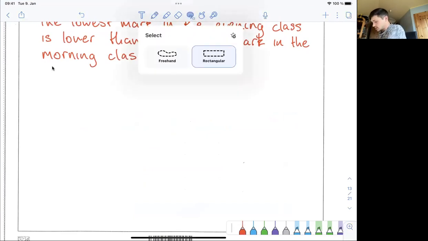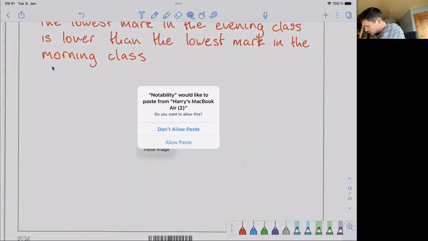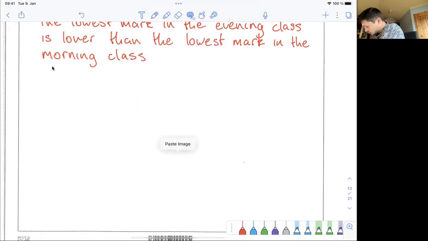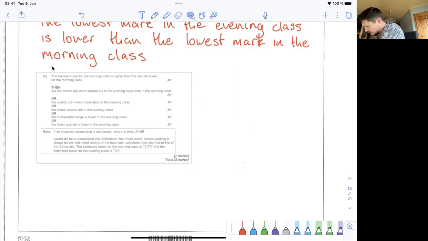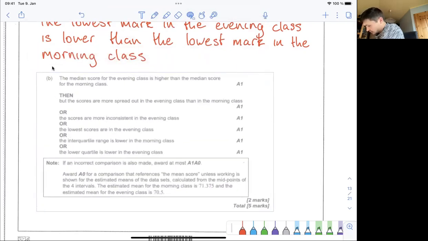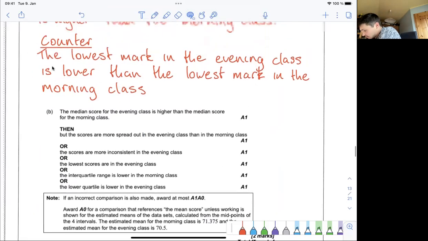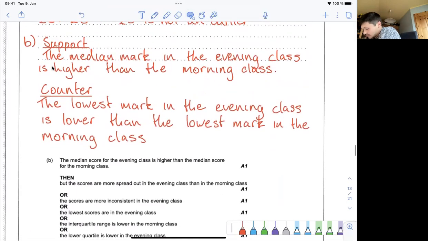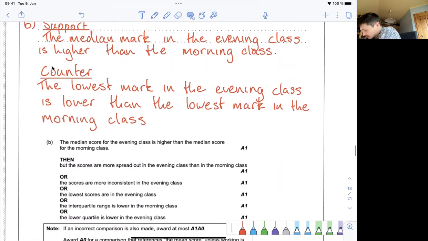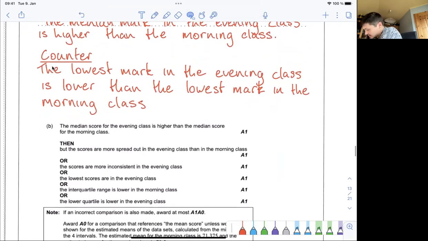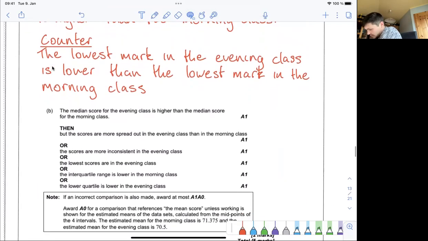The median mark in the evening class is higher. That's the only one we said. Then we've got all these options here.